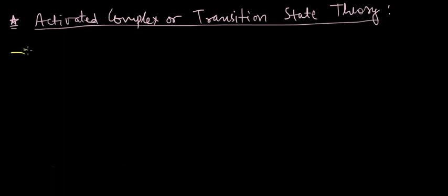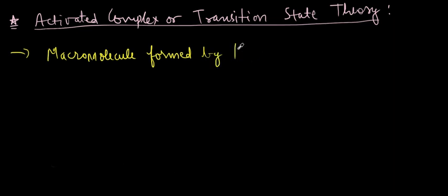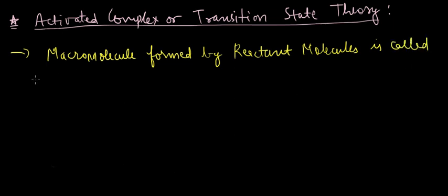So some points here on the activated complex. A macromolecule formed by reactant molecules is called activated complex. Next, the activated complex is unstable due to high vibrational energy.